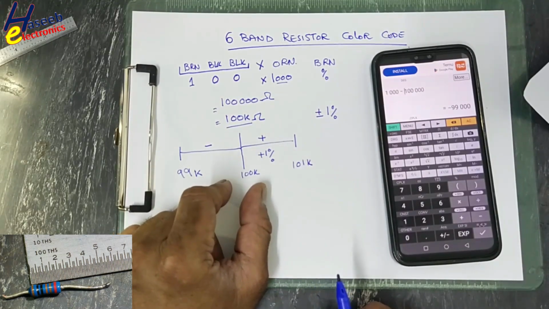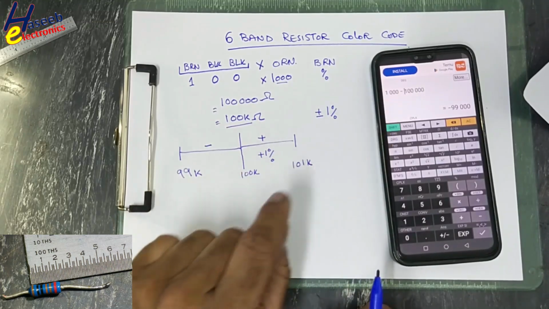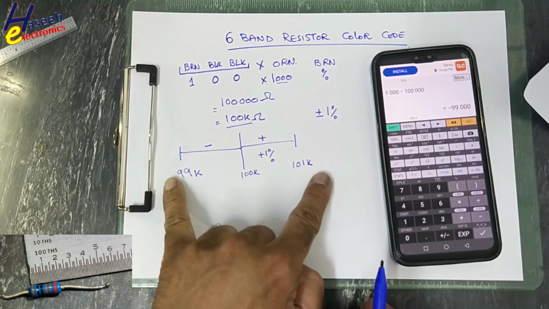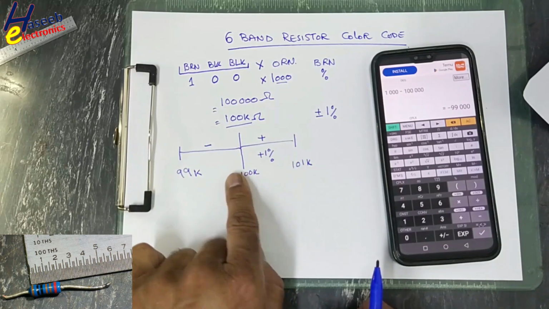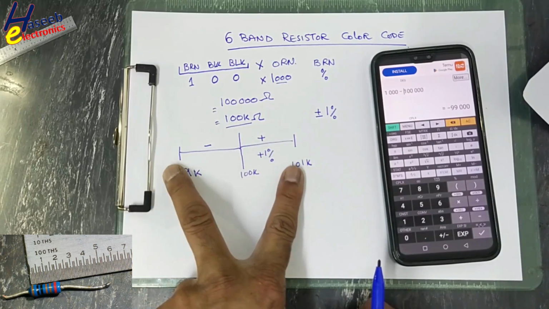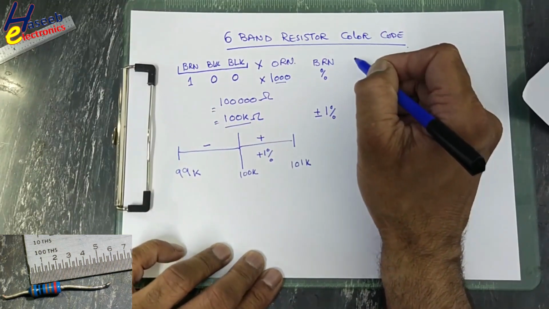If we bring a resistor 100K with brown band, this is defined by the manufacturer, that if this resistor falls between this window, that resistor will be good. Next band, red.